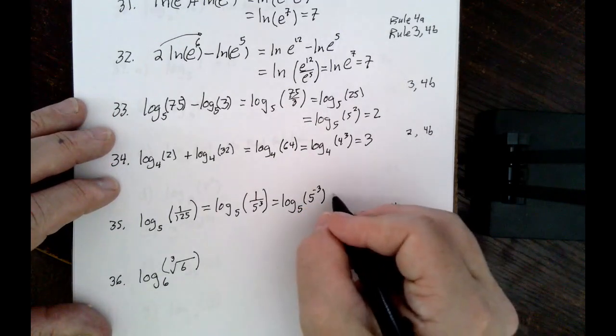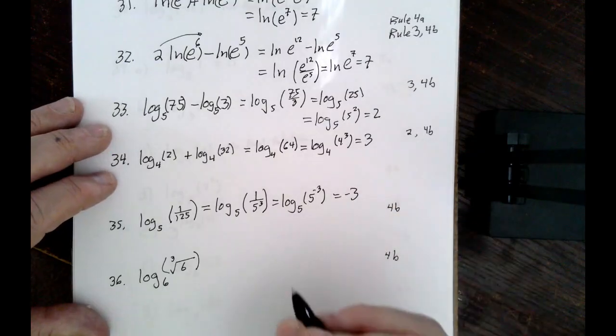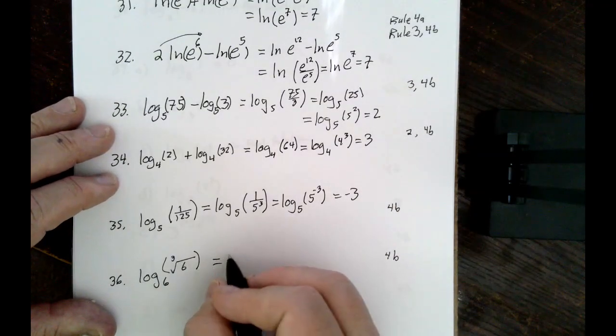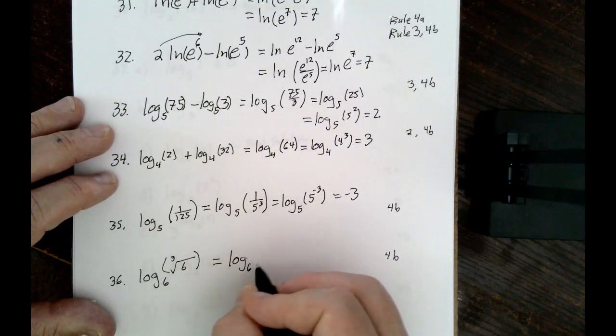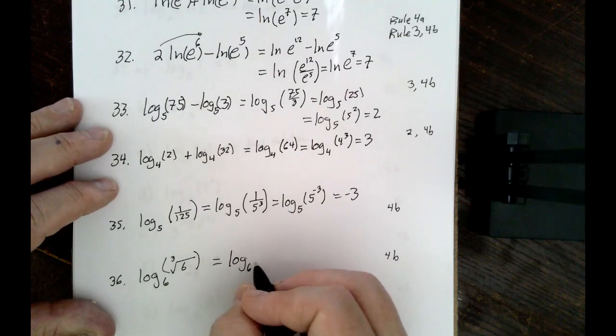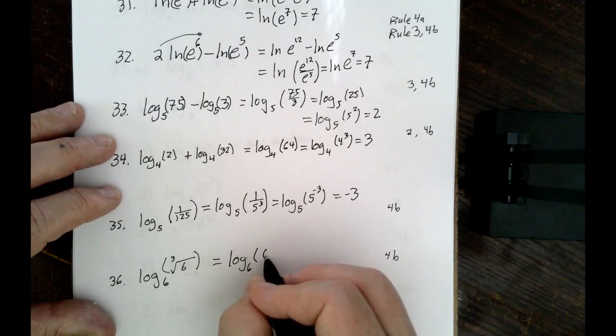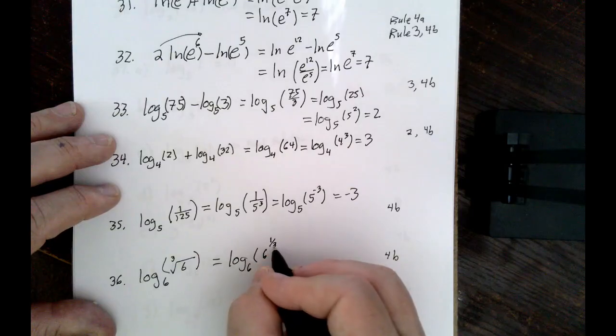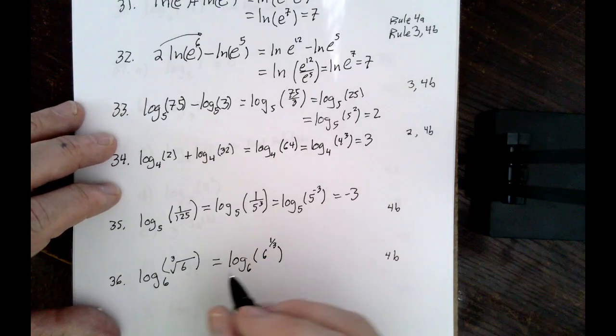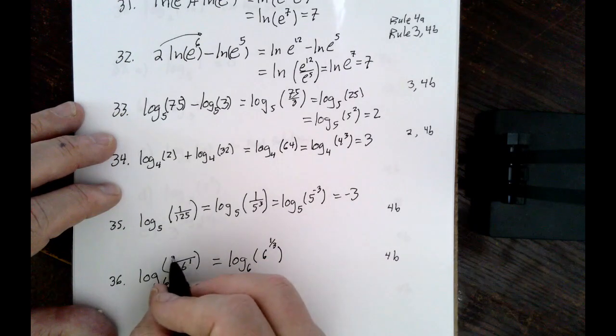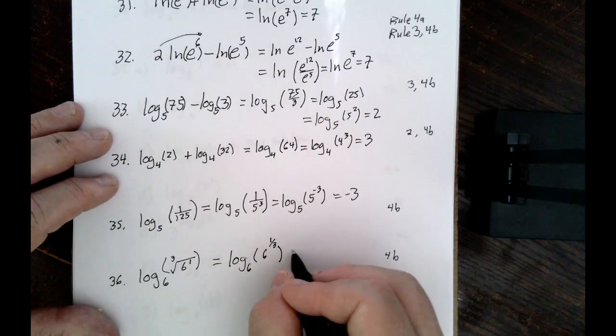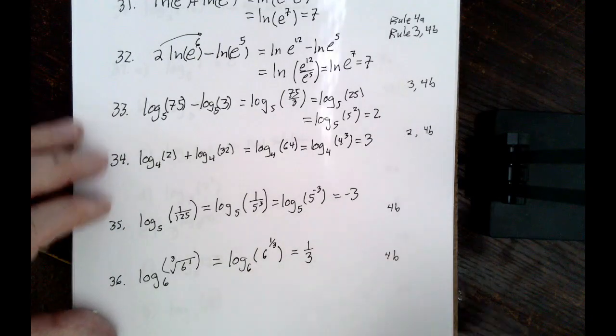Okay, and so now by Rule 4b, that's our answer. And now here you got log base 6 of the third root of 6. Well, third root is the 1/3 power. Remember, it's first power, third root, so 1/3. And so your answer here, according to 4b, is just 1/3.